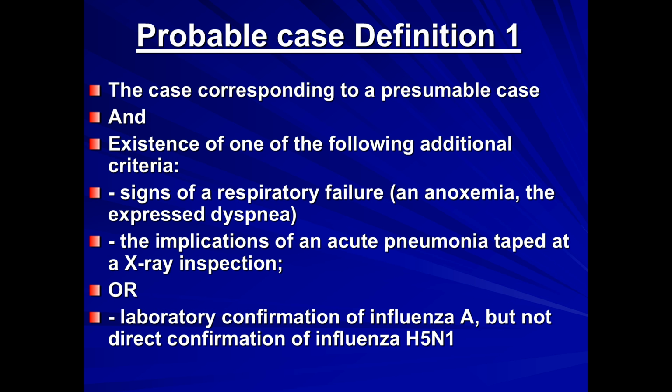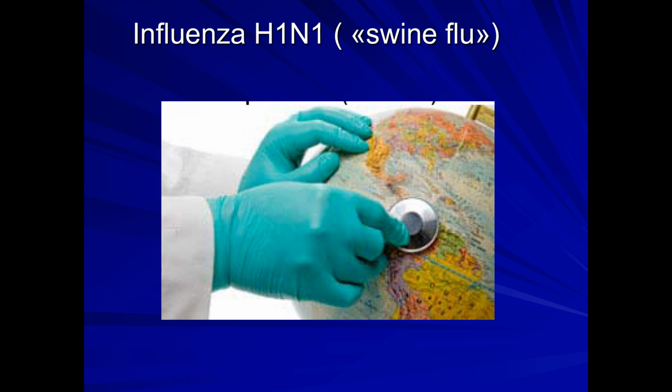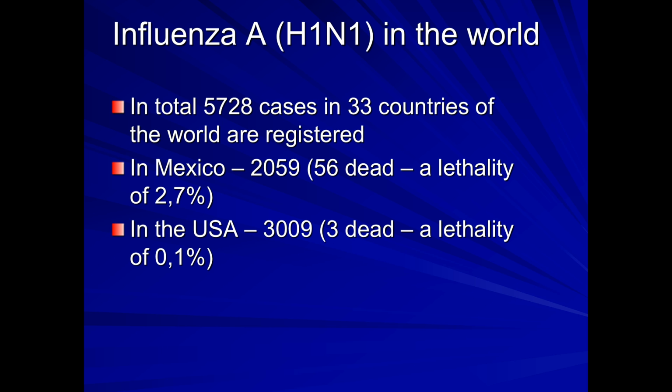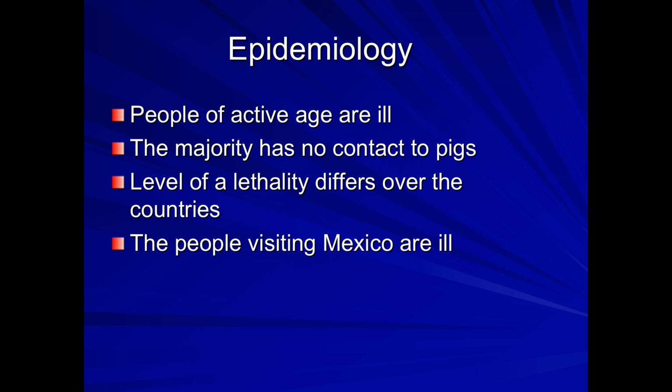Presumable case, probable case definition, probable case definition 2. Influenza H1N1, swine flu. Ways of transmission: airborne, contact; the nutritional way isn't present.